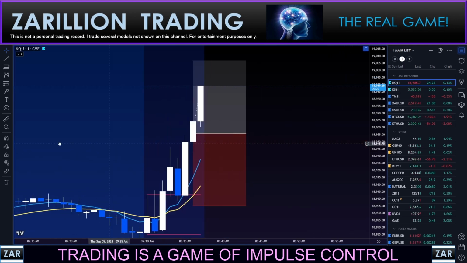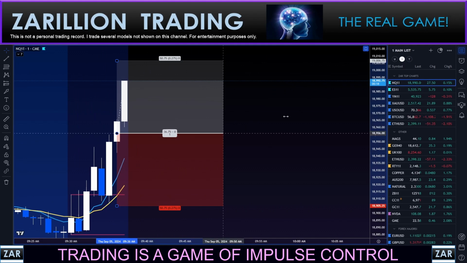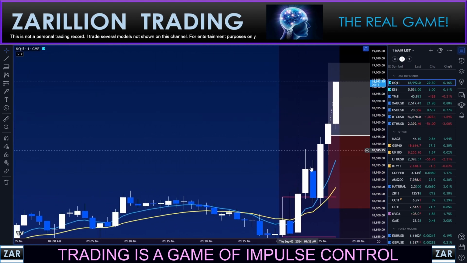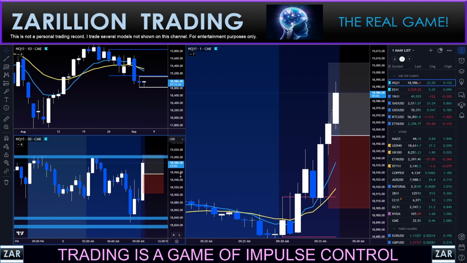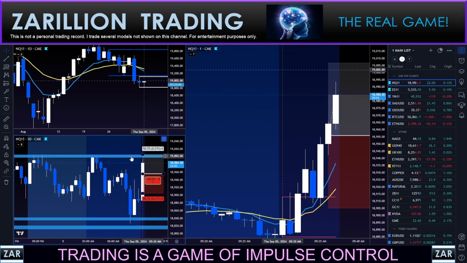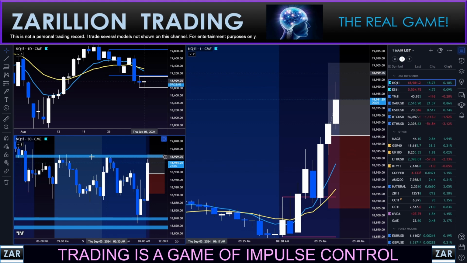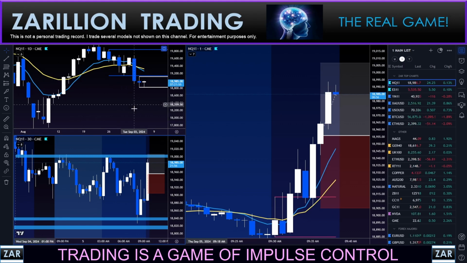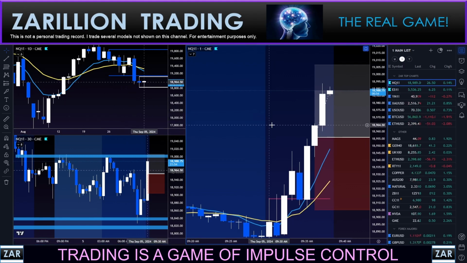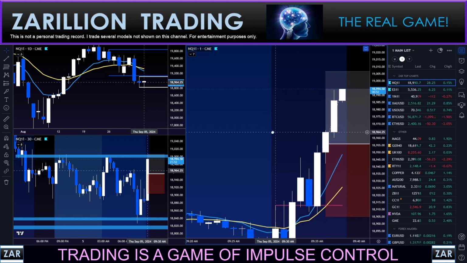This could end very quickly here, guys. You can see the target on this one is right into this zone that was formed in the UK and Asia. Fairly minor zones given the bigger picture context here, guys, but important nonetheless to keep in mind, of course, on these trades.